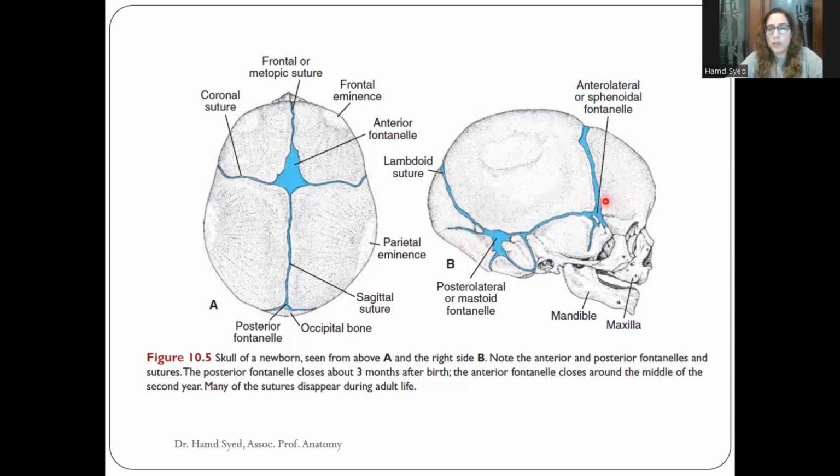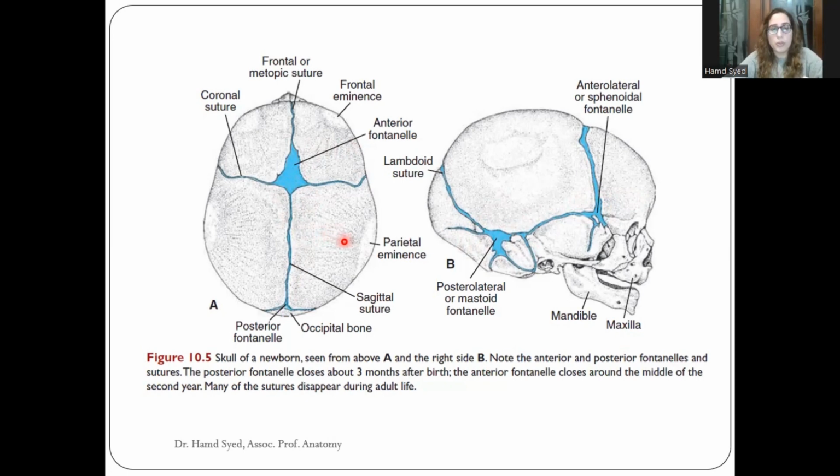These are paired, the anterolateral and posterolateral ones. So you've got a total of 4 of those plus the single anterior and single posterior fontanelle, giving us a total of 6.